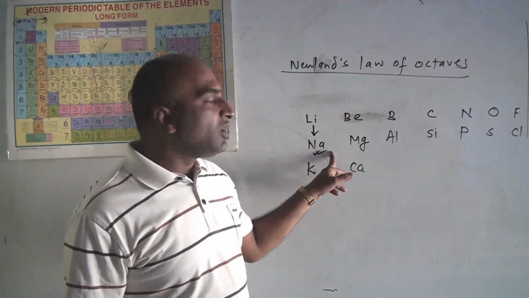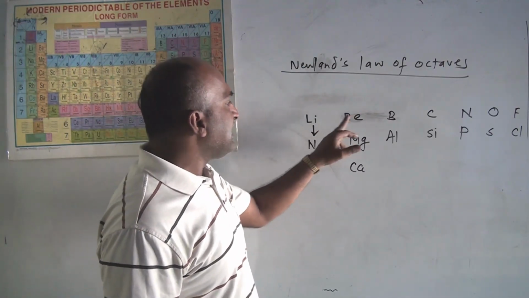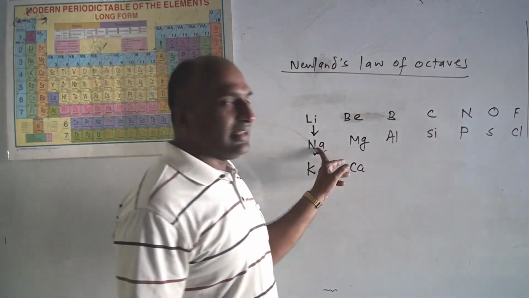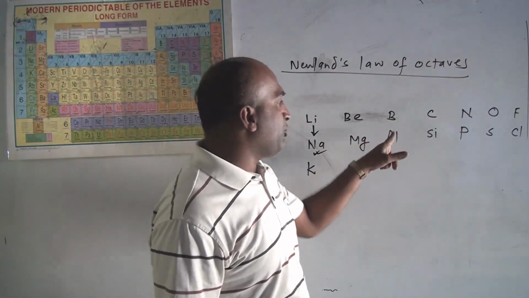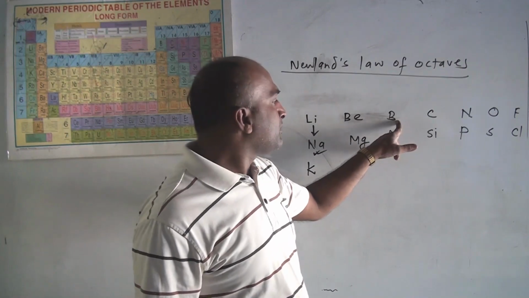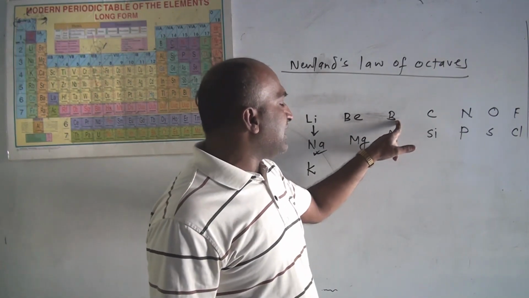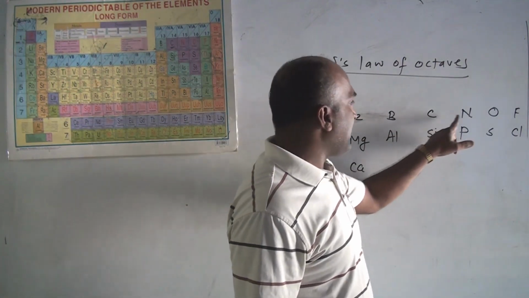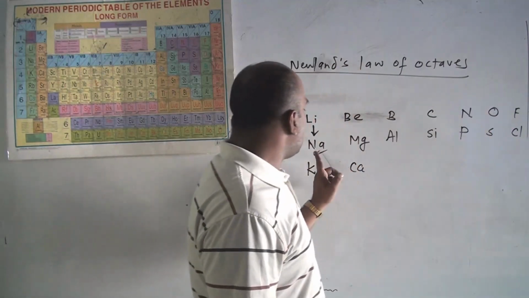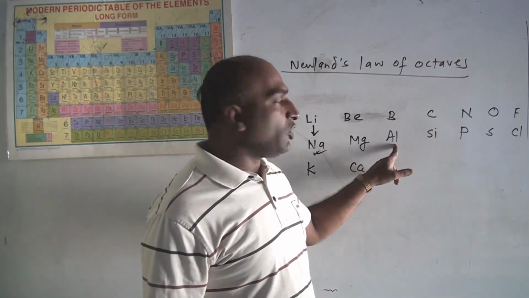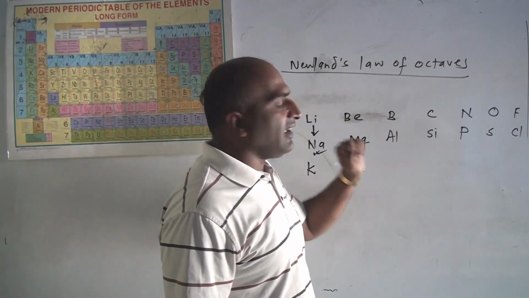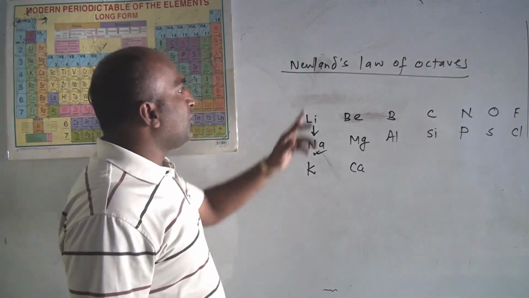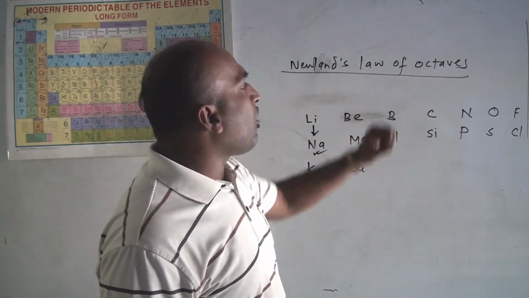If we start from boron as the first element, its eighth element is aluminium, like sa, re, ga, ma, pa, dha, ni, sa. So the properties of boron and aluminium are found to be similar. This is according to Newlands' law of octaves.